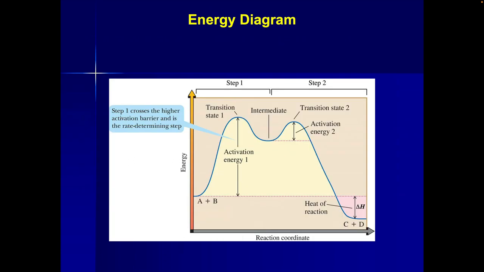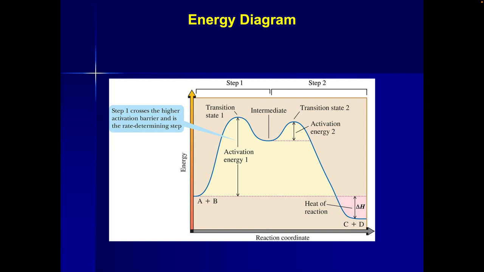Now, what we have drawn here is represented on this energy diagram that you see here. Okay? What are A and B in this reaction? Those are the reactants. So this is A and B, and they're at some energy.